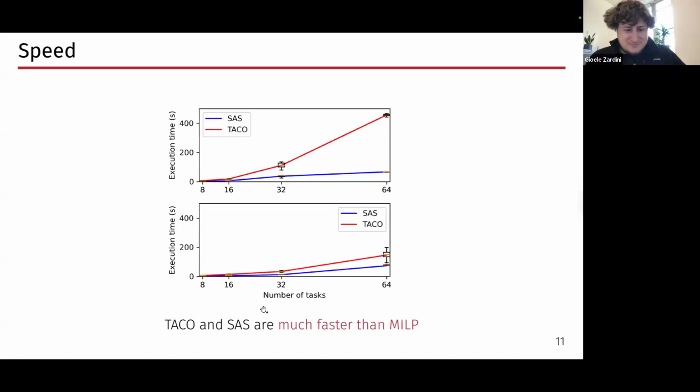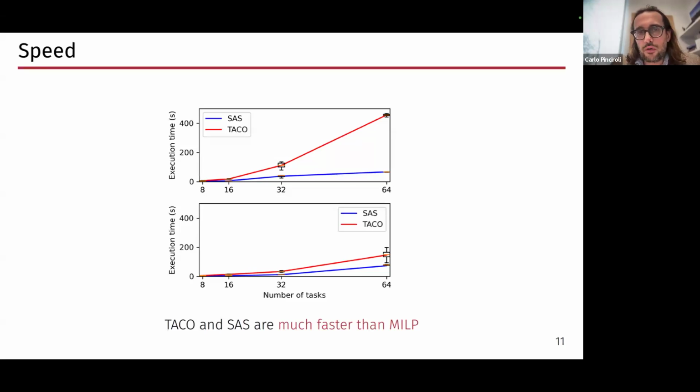Absolutely. So the other thing is, we want to compare time, okay? What we find is that SAS and TACO are significantly faster than MILP for an increasing number of tasks, which is nice. So now we have an algorithm that is pretty good in terms of optimality, definitely better than the crude heuristic algorithm that we considered, and it is also faster than MILP.